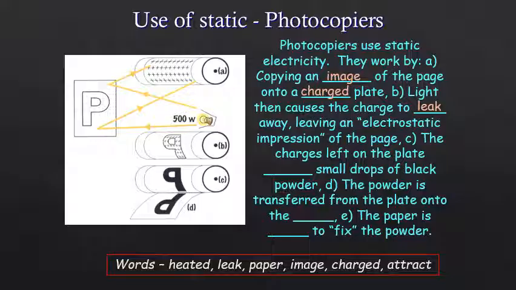Then the charges left on the plate attract the small drops of black powder, which, remember, are negative. The charges left on the plate are positive, so it attracts the small negative ink, and the powder is transferred from the plate onto the paper, and the paper is then heated finally to fix the powder onto the paper.